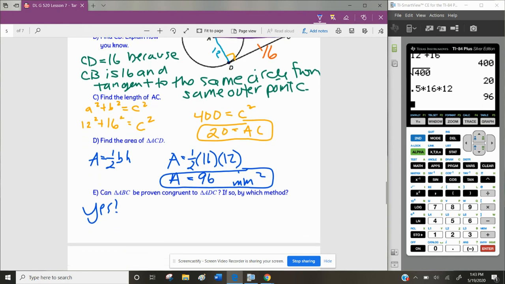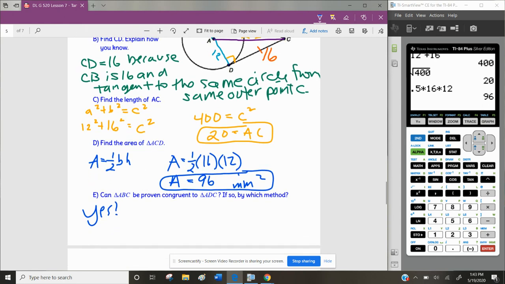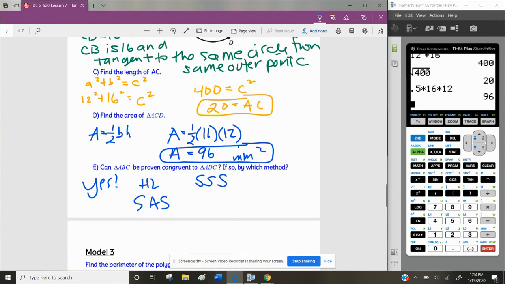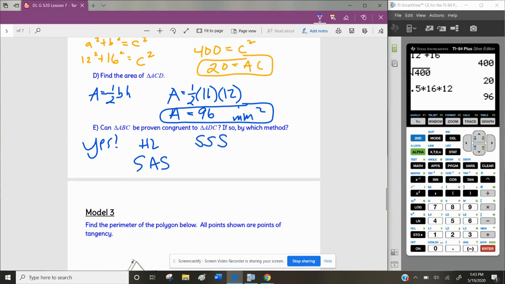So we have lots of methods that we could show based on what we know about these relationships and the values that we were given. So we could use hypotenuse, leg, side, angle, side, side, side, side. If you found the angles using trigonometry, you could use angle, side, angle or angle, angle, side. Remember, angle, angle is not a valid congruency method.